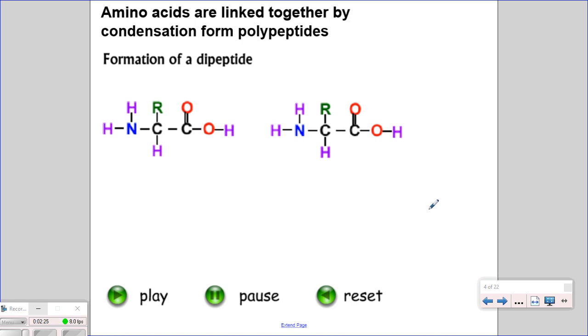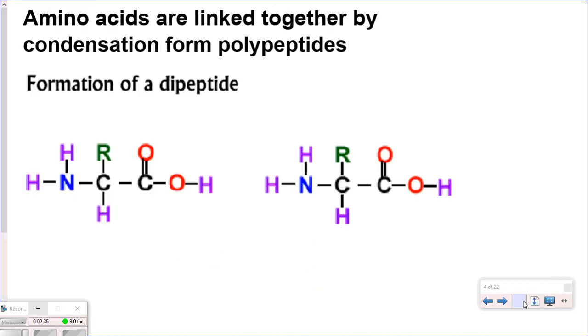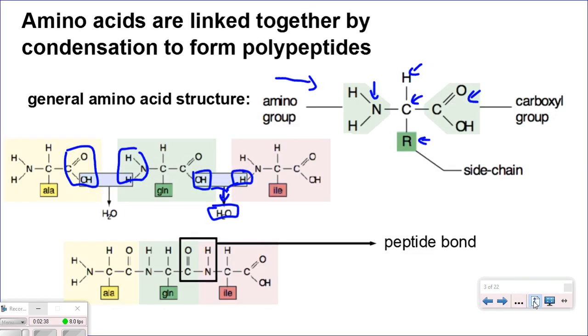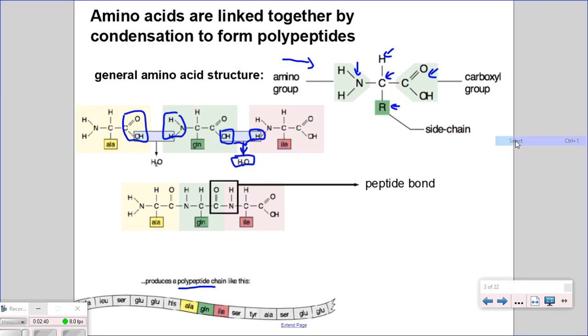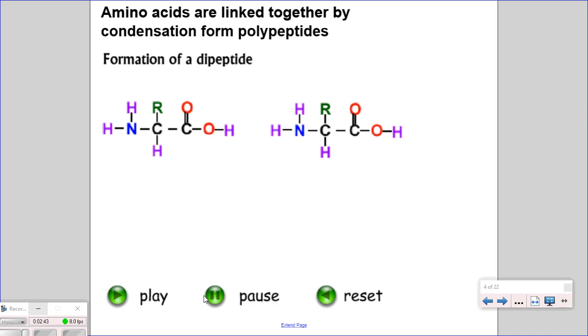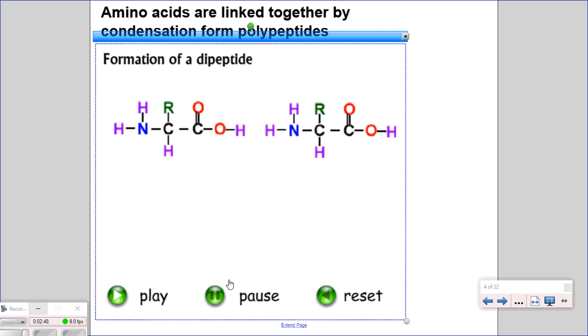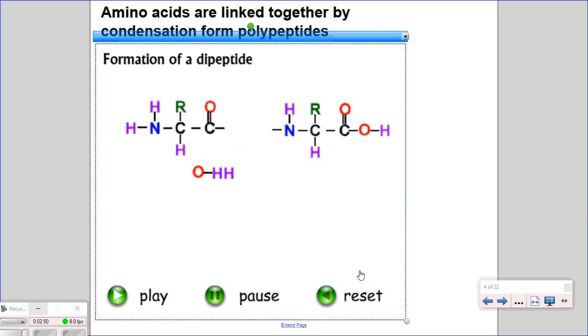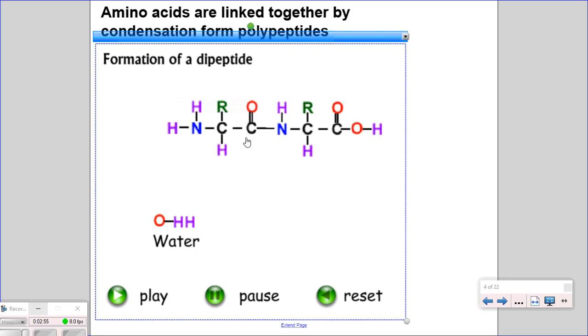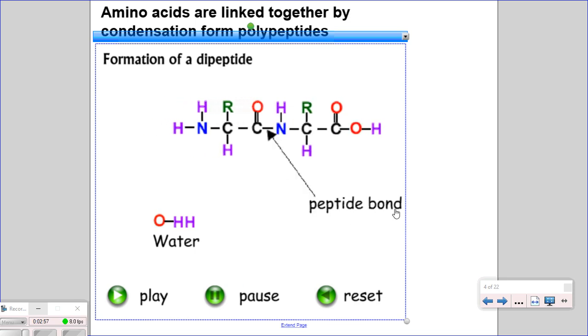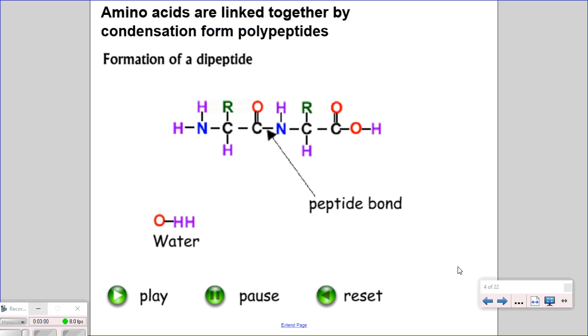This animation here just goes through the formation of a dipeptide through that condensation reaction. So here we have water being created, and then the remaining part of the amino acid joins together, which is now the peptide bond.